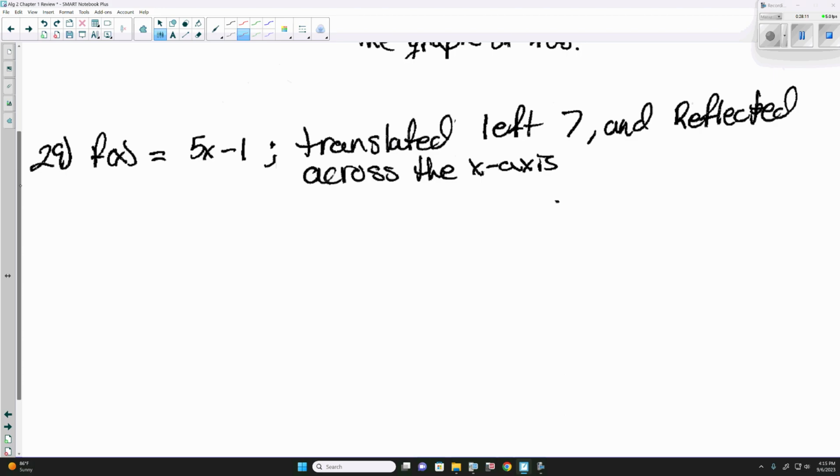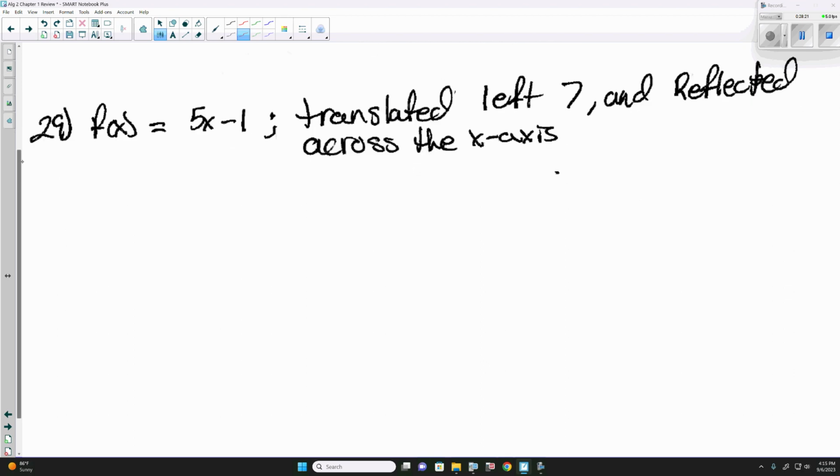29 is our next one that we're going to look at. Translation left 7 and reflected across the x-axis. So translation of 7 left, so again, we're using f of x minus h. Now this time our h value is negative 7 because we're going left.